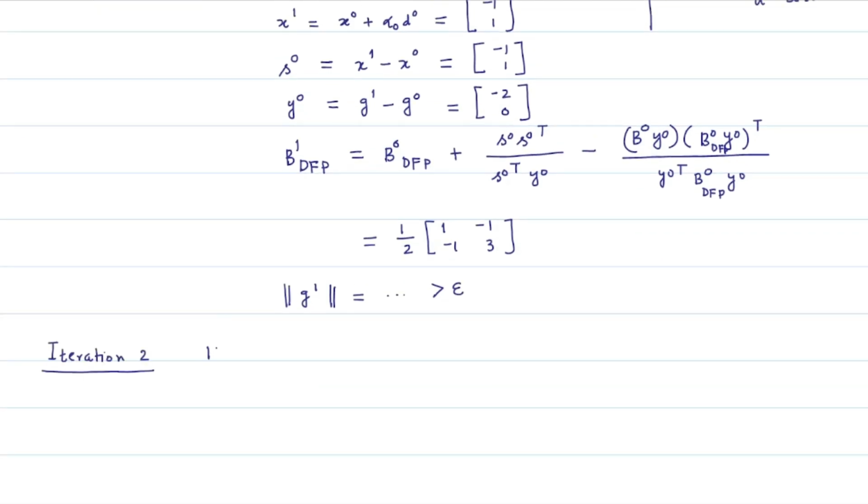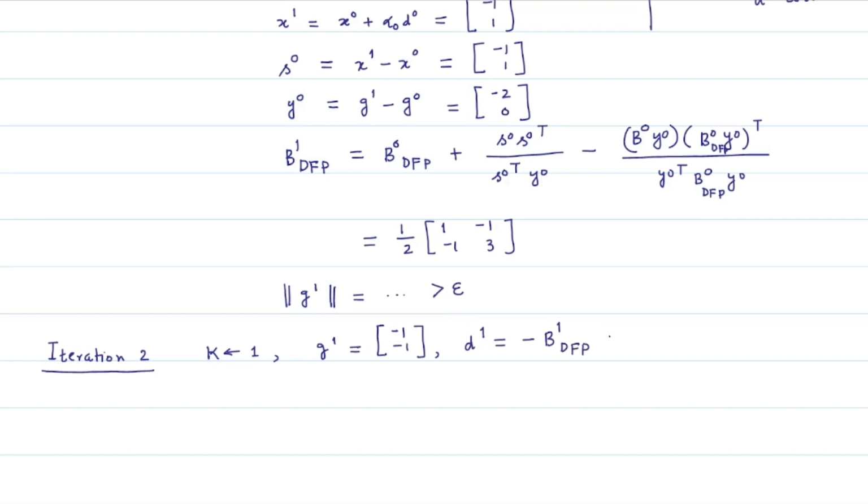In the next iteration, we have the iteration counter k is equal to 1. We have g1 equal to (-1, -1). Well, I have informed here what is g1. So this norm of g1, you can quickly identify it is given by square root of 2, which is greater than epsilon.